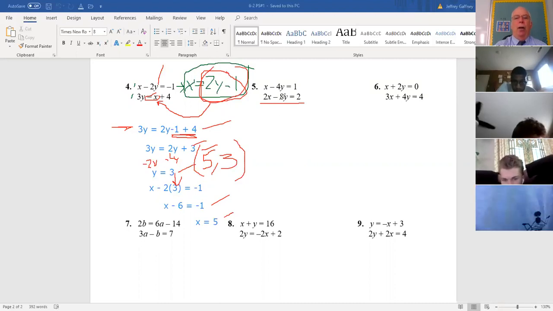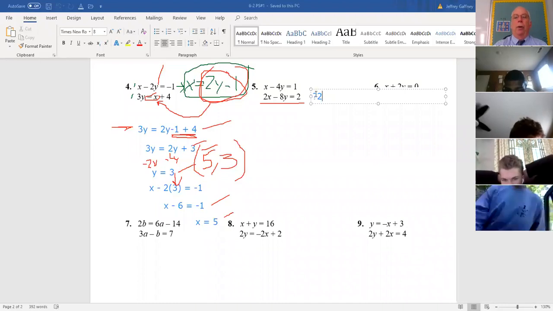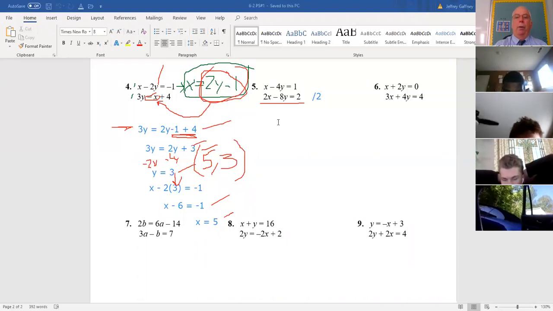If we divide this whole thing by 2, we end up with 2x divided by 2 is x. Negative 8y divided by 2 is negative 4y.